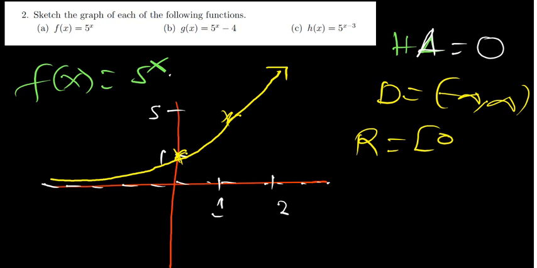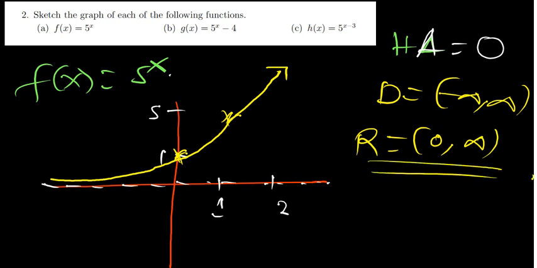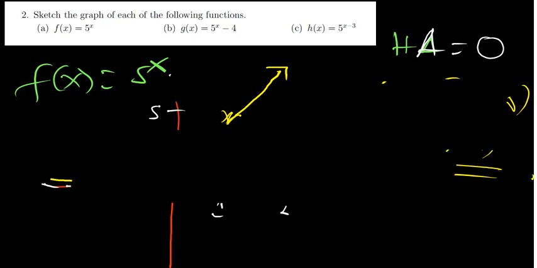Okay, 0 is not included because it is running away from that line. It has to start away from 0. So we're going to say from 0 all the way to positive infinity. That is going to be our range. Okay, so that is the graph for the first part.